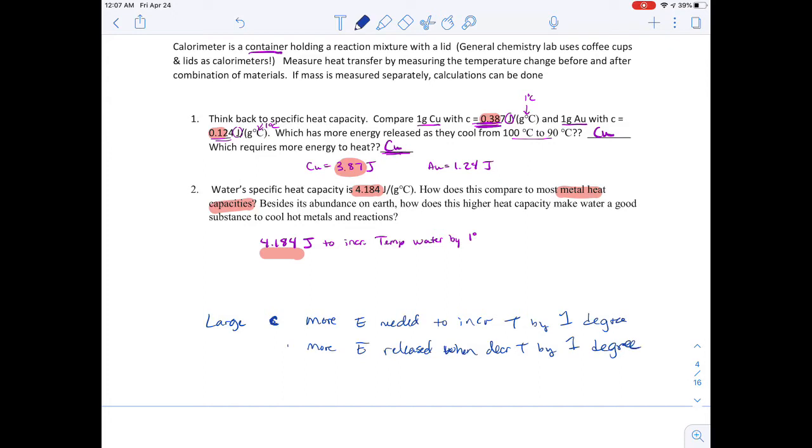Things with a larger C will be able to impart more energy to other things also, because more energy is needed.